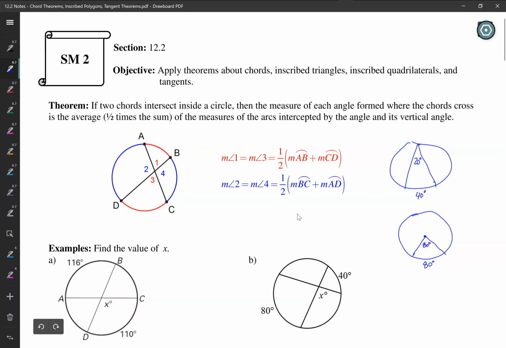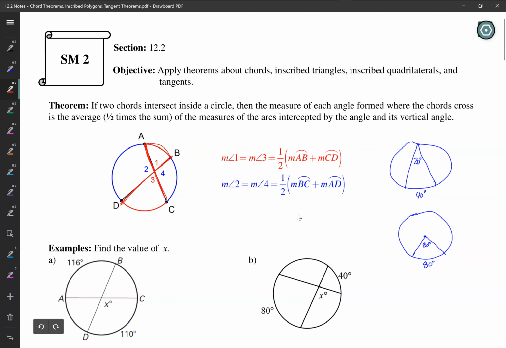So it turns out that the measures of angles 1 and 3 here are equal to the average of arcs AB and CD, their measures. So think of this as kind of like an hourglass shape.